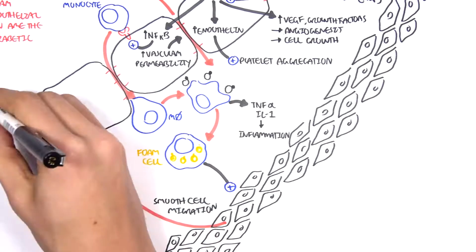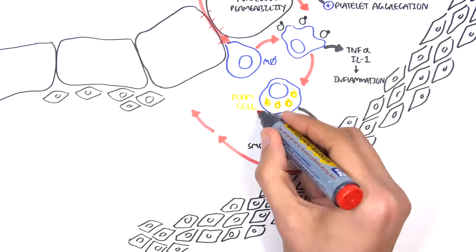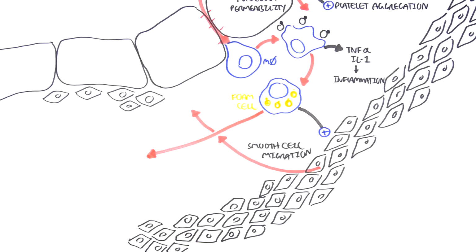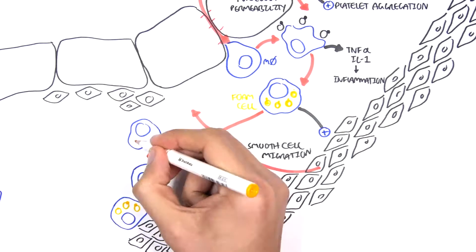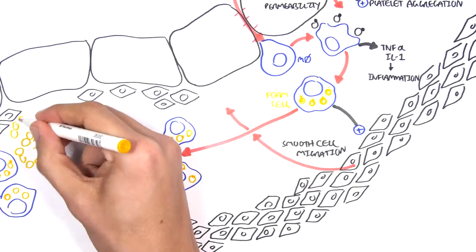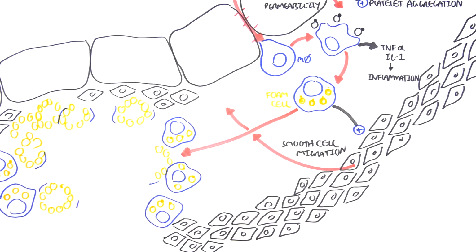The foam cells, which contain a lot of lipids, eventually cluster together and rupture within the tunica intima. The lipids are released, inflammatory cytokines are released, and growth factors within the foam cells are released when the cell ruptures. And this all essentially will create a plaque.